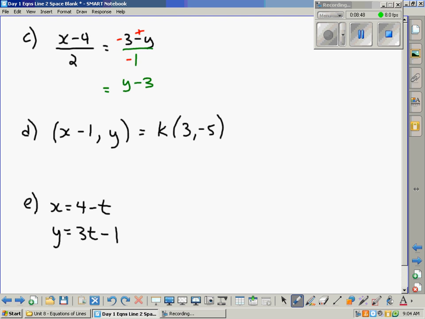Notice because this is now -3 plus y, that the plus y can come out front, and the -3 can come second. And then all we have left then is over -1. So it's important that it's in this notation before you can actually read the information off it. The first part's okay though, right? The x is in the right spot, -4 over 2.